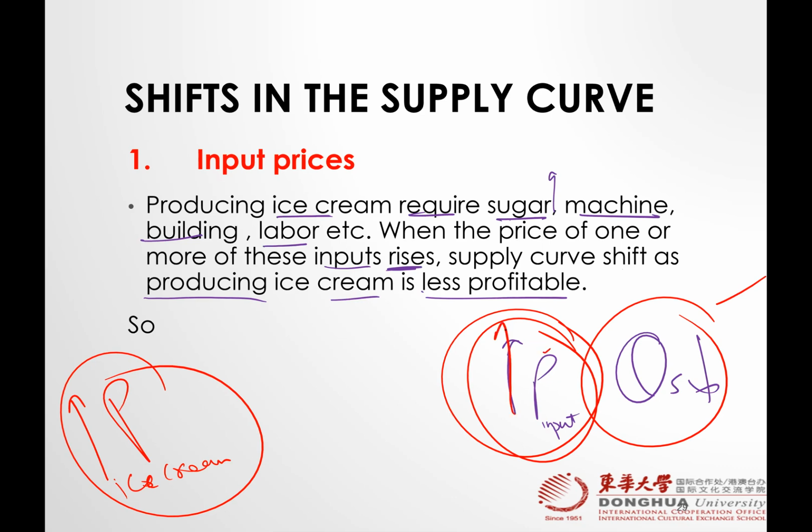If input prices rise, what happens? Producers start producing less of that quantity. Why? Because the economic objective of every producer or firm or supplier or merchandiser, retailer, shopkeeper, is profit.